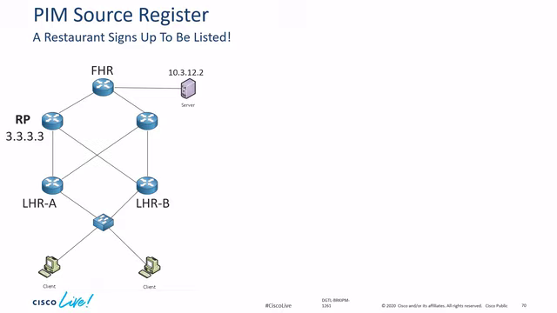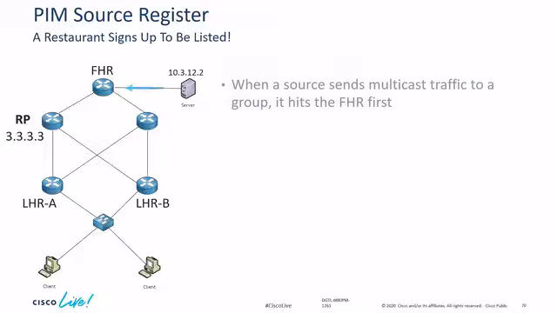So when a restaurant wants to be able to find customers, it will send its menu to the food delivery service. In this case, we're talking about something like Grubhub or DoorDash, Uber Eats, one of those types of services that will list a restaurant's menu and what food is available for delivery for customers.